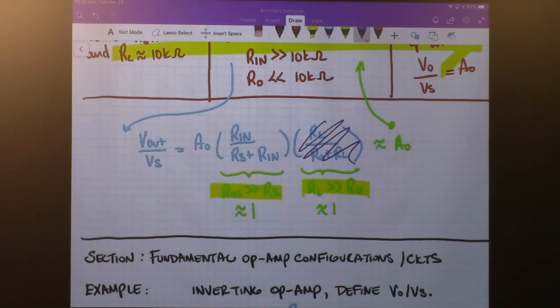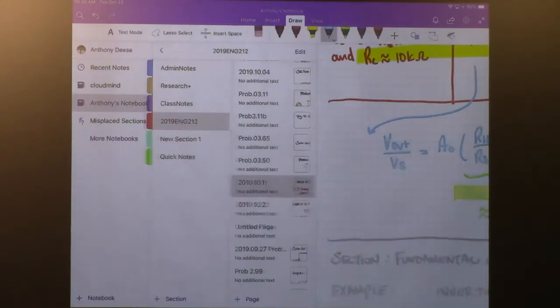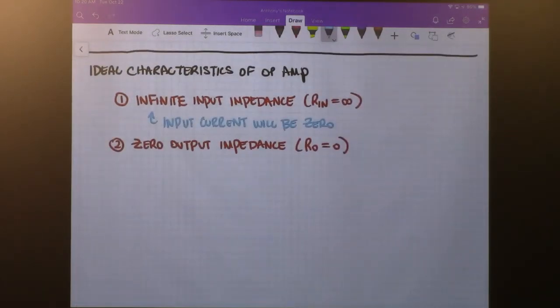If RO is equal to 0, then it's always going to be significantly less than whatever the load is. What's the side effect of that? The side effect is that the output voltage will equal, so V out will equal A naught times V in, right?